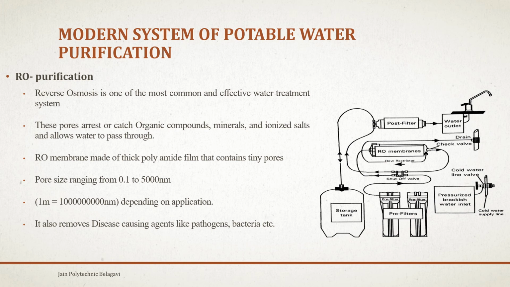In this system, we have a connection to the water outlet, and a storage tank. It sends the water to the post filter first, later to the water outlet. After the post filter, the water goes to the RO membrane.